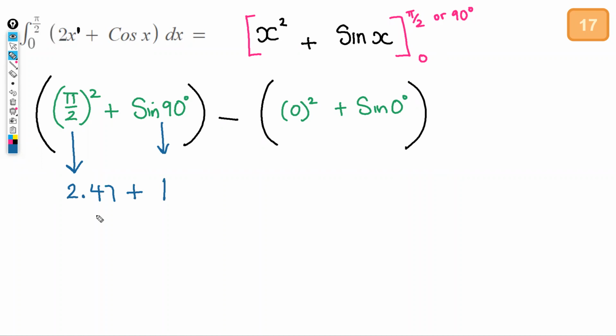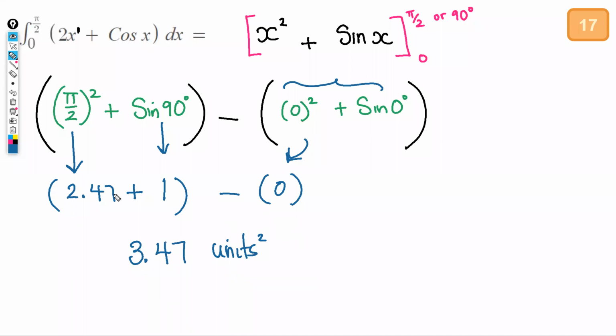I'm sure about that. And everything in this bracket is going to boil down to 0. 0 squared is 0, and sine 0 is 0. So this bracket is pretty much useless. So I think the final answer is going to be 3.47 units squared.